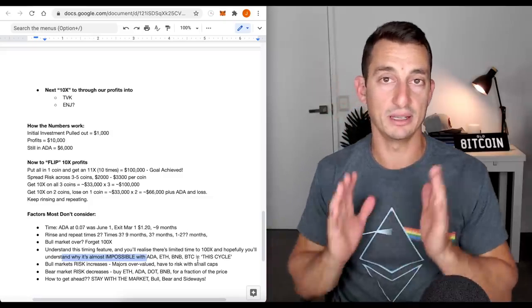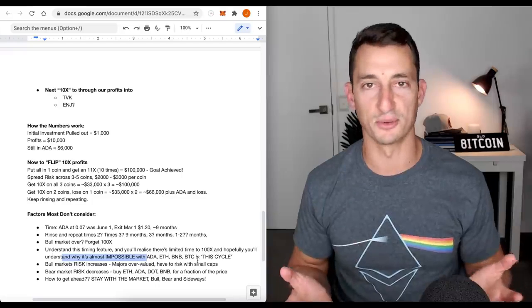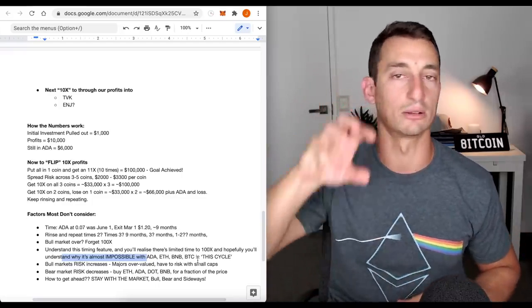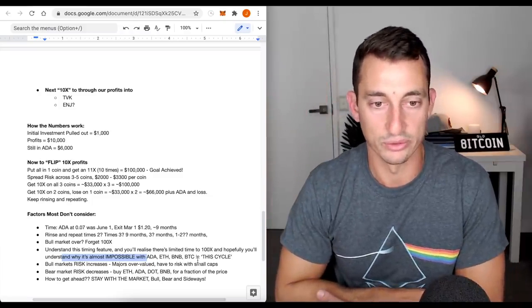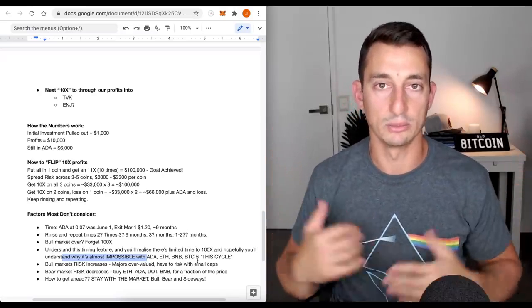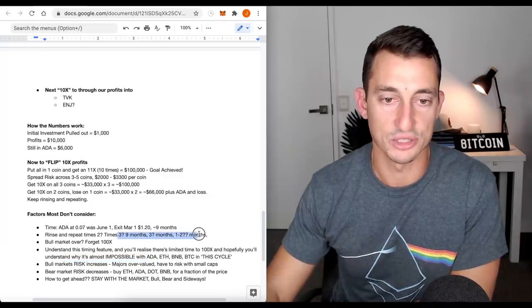So you might be seeing Cardano to $50, Ethereum to 100 grand or 50 grand, whatever it is in this cycle. It's going to be the same thing for the next cycle and the next cycle and the next cycle. It's always going to be the same nonsense blurted out by, I don't know, people trying to hype other people on. But you can see that this happens time and time again.